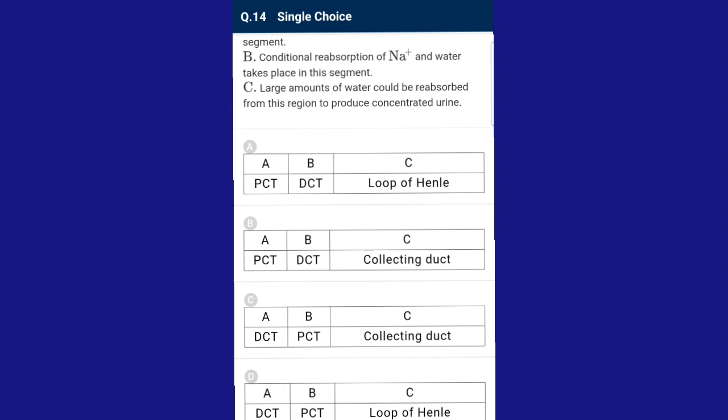PCT absorbs about 70 to 80% of electrolytes and water, and selectively secretes H plus ions, ammonia, and potassium ions into the filtrate and also absorbs bicarbonate from it. It maintains the pH and ionic balance of the body fluids. B, Henle's loop, maintenance of high osmolarity. C, distal convoluted tubules. So the answer for this question is option B.